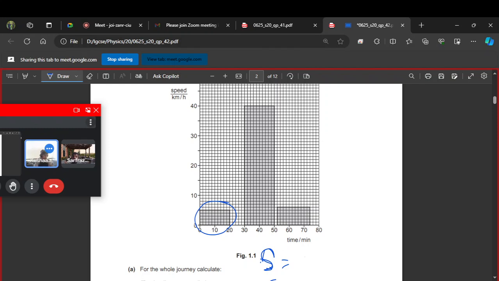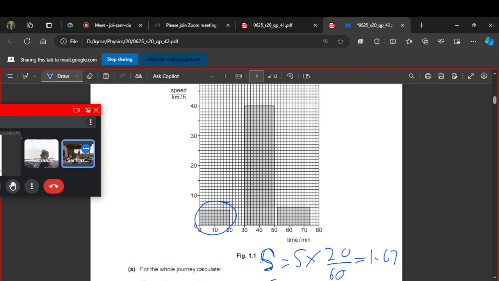So you have taken speed as 5 and multiplied with 20 by 60. In this way you have done it. Yes. So what is the answer? 1.66666 recurring. Okay, 1.67.